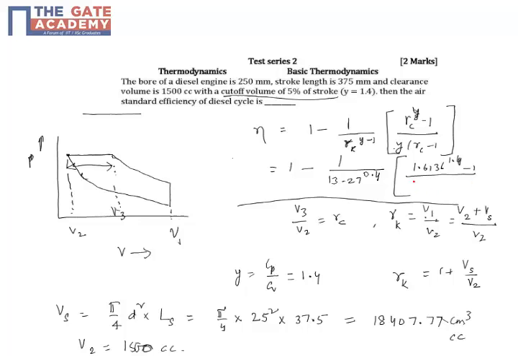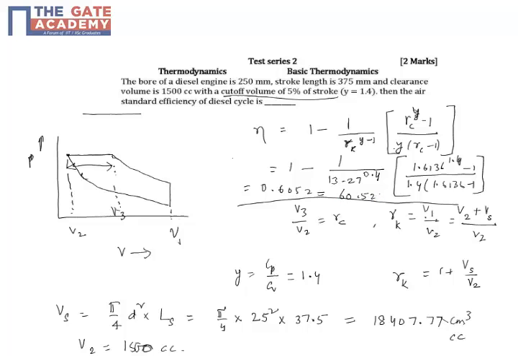Remember that this minus 1 is not in the power of Rc, it's a separate term. Then divided by Y, which is 1.4, into Rc minus 1, that is 1.6136 minus 1. This is a calculator job, and once you calculate this, you get a value of 0.6052.